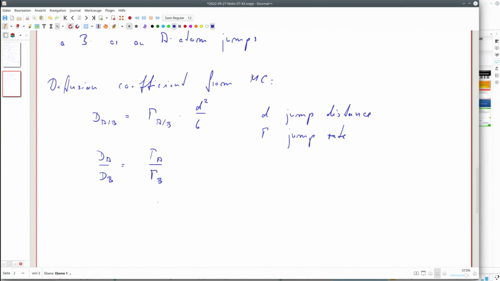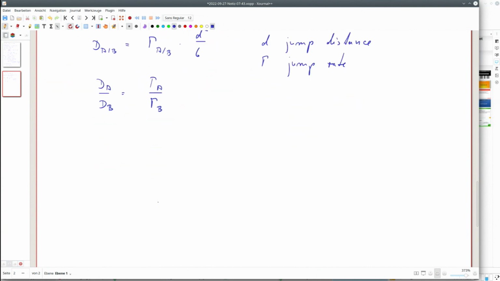So that's the first thing we need. And then what we do, I think we had it in one of the first lectures already, or someone was asking for it, we take the mean square displacement. That's for a random walk.